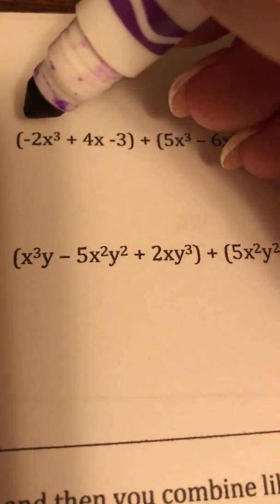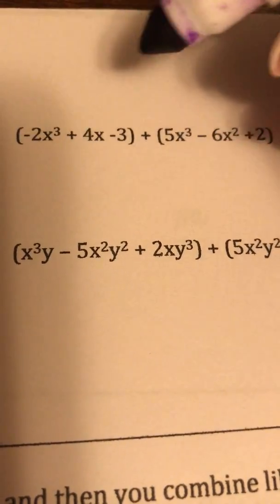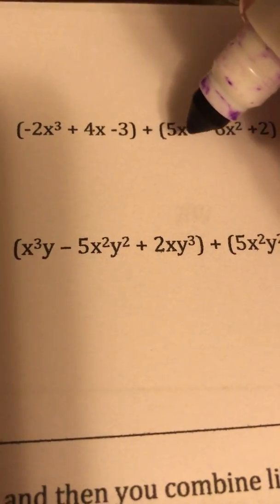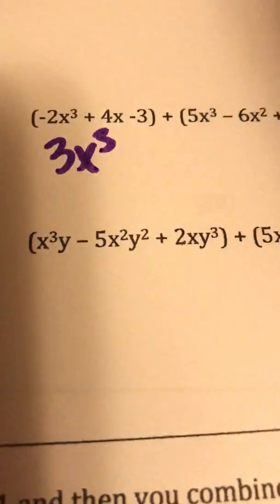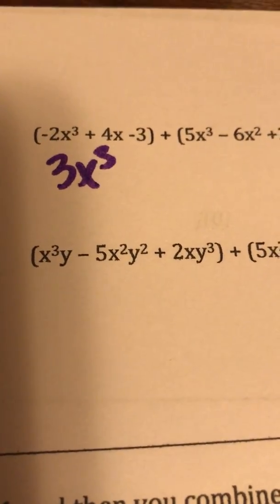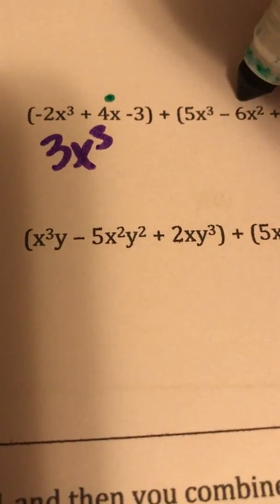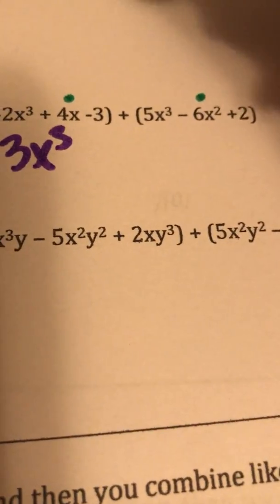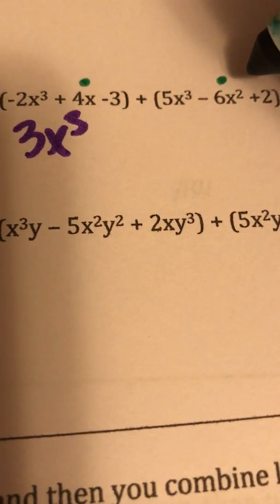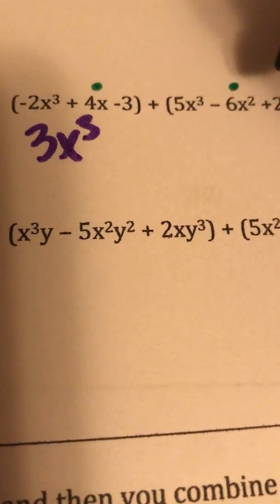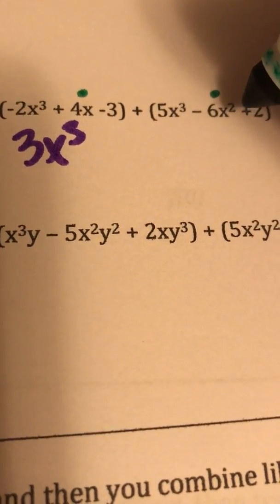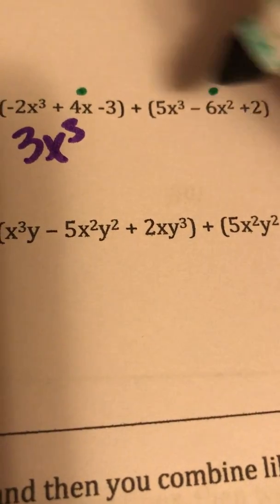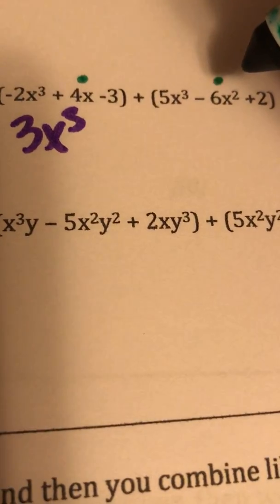All right, so we have negative 2x to the third and positive 5x to the third. So that gives us a 3x to the third. And then we have negative 6x squared. Okay, that one's just x. Can we combine these two?